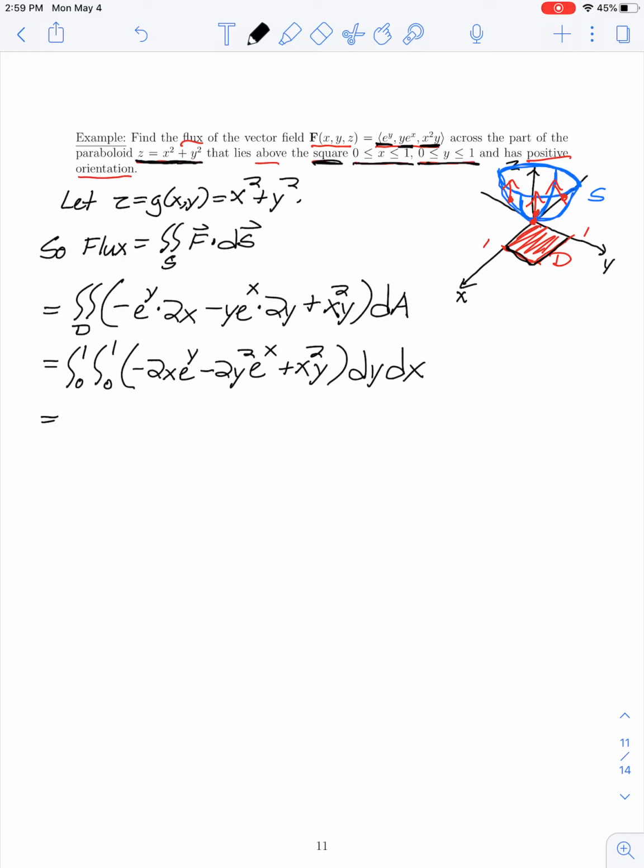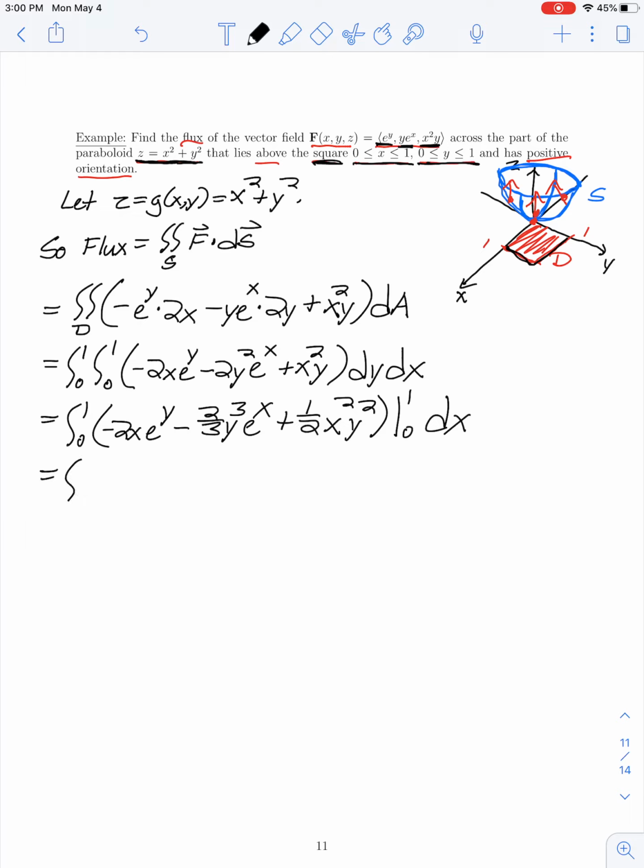So starting by finding our antiderivative with respect to y, we have the integral from 0 to 1 of negative 2x, antiderivative of e to the y is e to the y, minus antiderivative of 2y squared would be 2/3 y cubed times our constant e to the x, and then plus antiderivative of x squared y with respect to y would be 1/2 x squared y squared, where we're evaluating from y equals 0 to 1, and then integrating with respect to x.